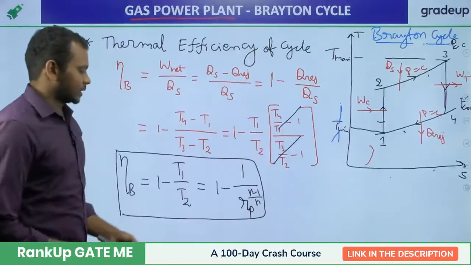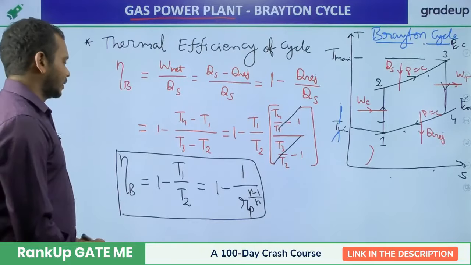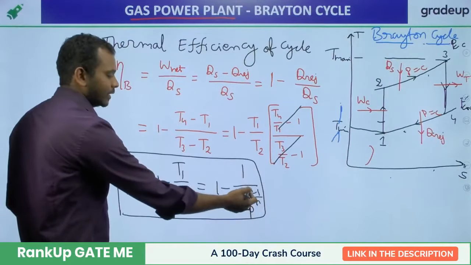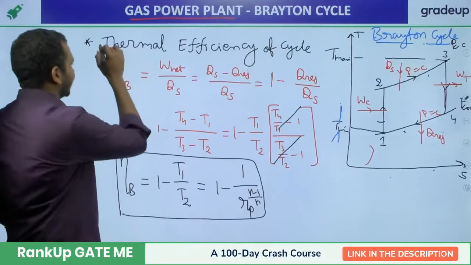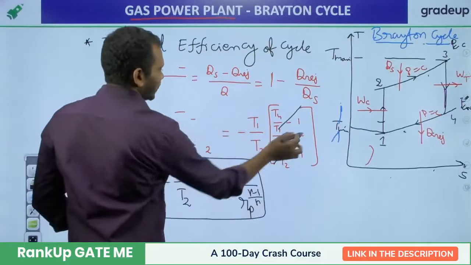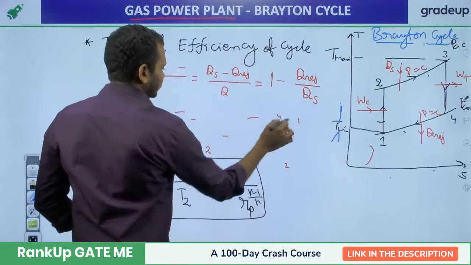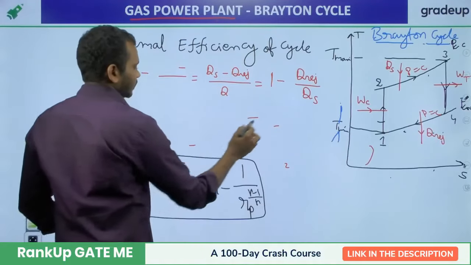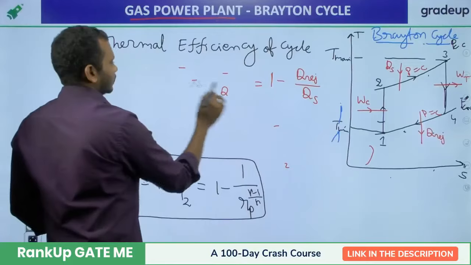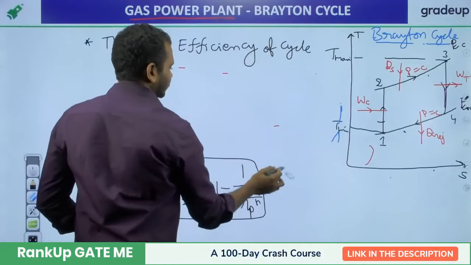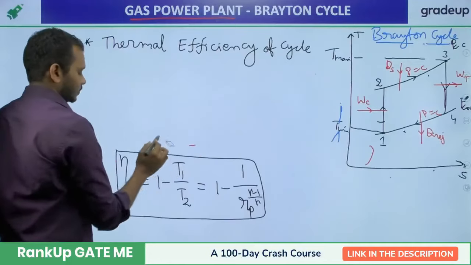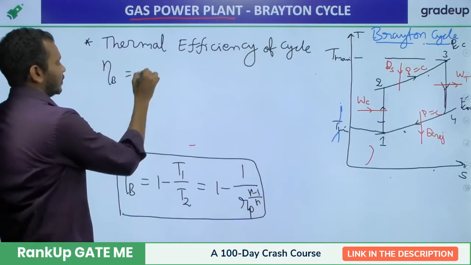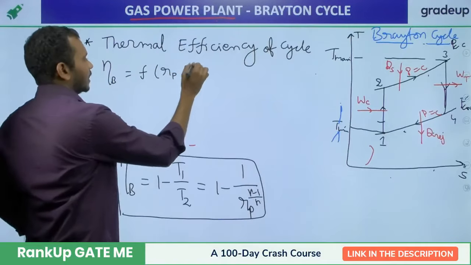So this is the thermal efficiency of the Brayton cycle. When you see that this thermal efficiency is a function of pressure ratio and gamma, I can write that thermal efficiency is a function of pressure ratio and gamma.